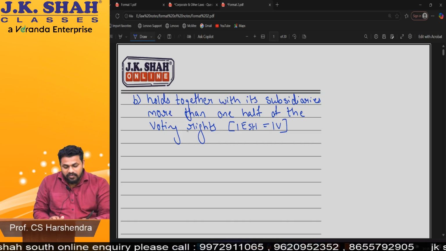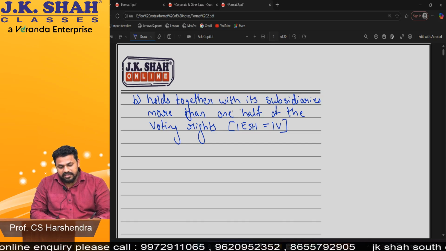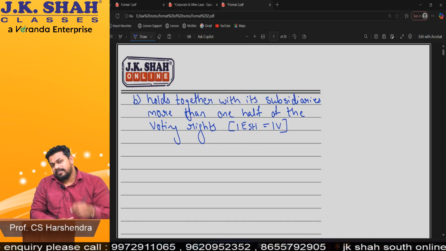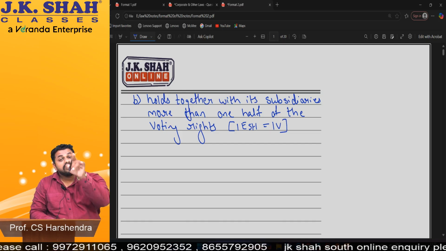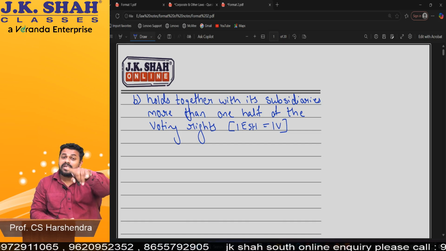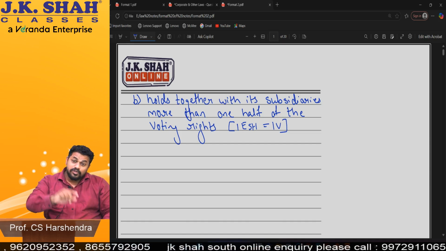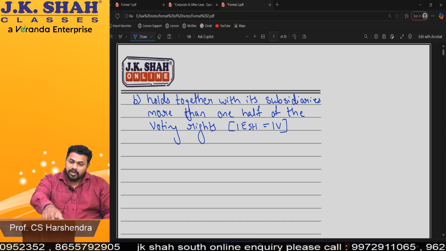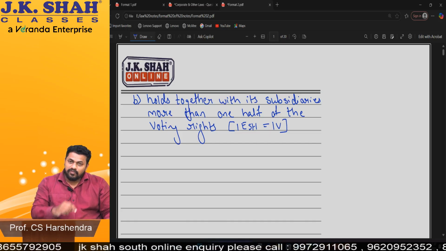Actually, initially what was the statement here, you know? He holds together with its subsidiaries more than one half of the paid up share capital. But they changed it in the Companies Amendment Act 2017 because yesterday we studied there are companies having share capital, not having share capital. Do you remember company limited by guarantee? Not having share capital. So those members will get voting rights on, maybe that will be written, any member who has guaranteed 100 rupees will get one vote.